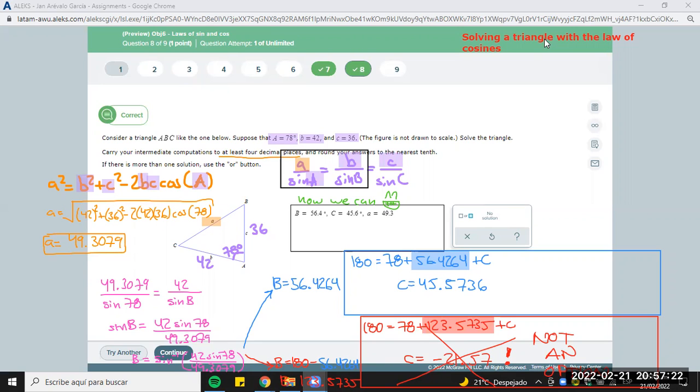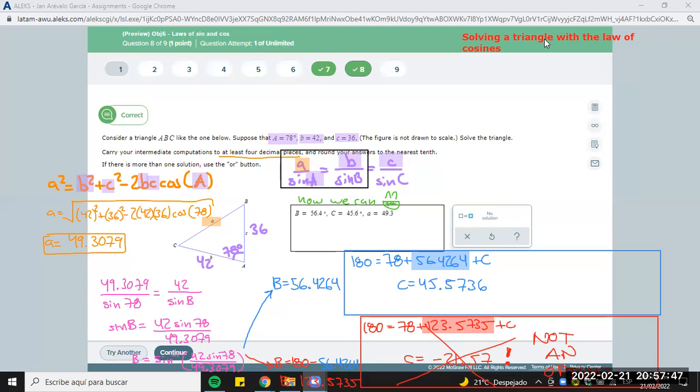So the cosine law for angle A, because remember that we can make cosine law in three ways: for A, for B, and for C. So this is for A. Notice that we have everything on the right hand side of the equation, and we can solve the equation for lowercase a, right?